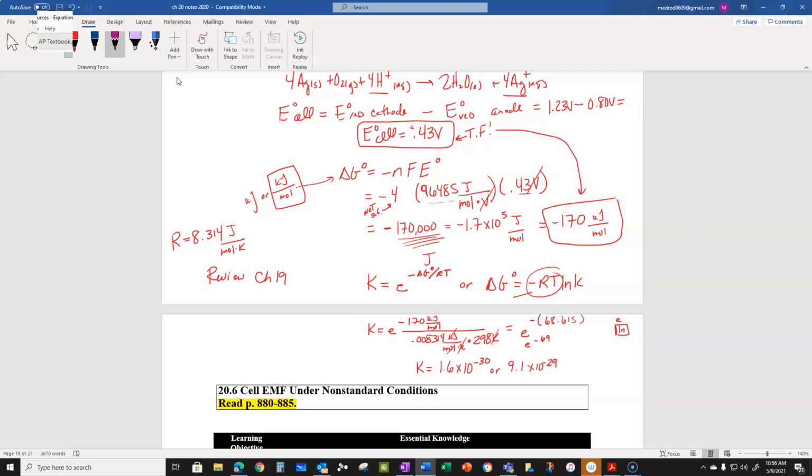So it depends, ladies and gentlemen, on how you plug it in. Now that's a huge difference. That's literally a factor of 10 that you're off. And that's okay, because on the AP, remember I told you back when we were doing natural logs and logs in kinetics, you get a bigger range that you can be off. So if you show them this, then just use the 2 sig figs, okay? But if you're going to use more numbers, then you got to show them exactly what you're doing, okay?